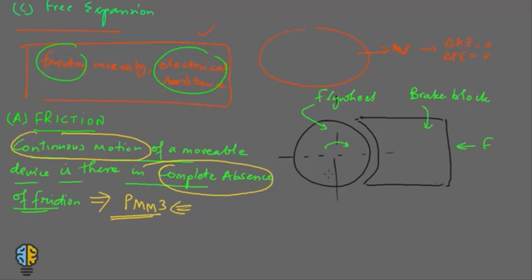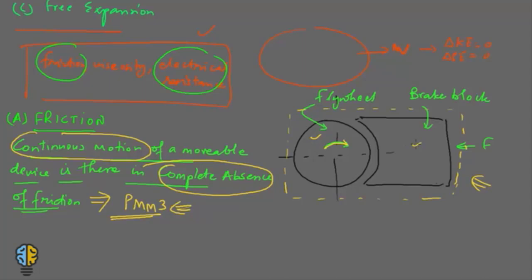For that, let's consider a flywheel and brake block system. This is what we will consider, and let us isolate this. Let's make it an isolated system. So let's put it in a hypothetical isolation, like this. Now the flywheel is rotating at a certain RPM, and it is brought to rest by applying the friction brake.